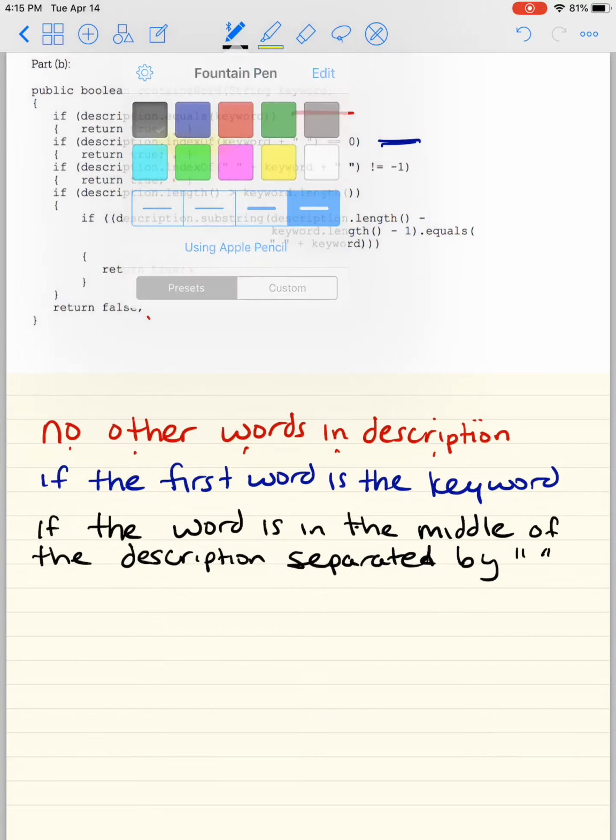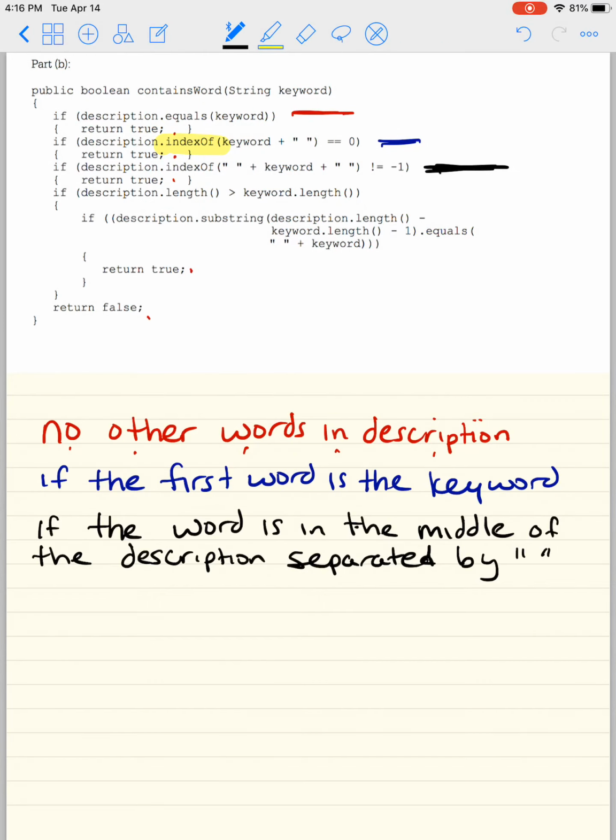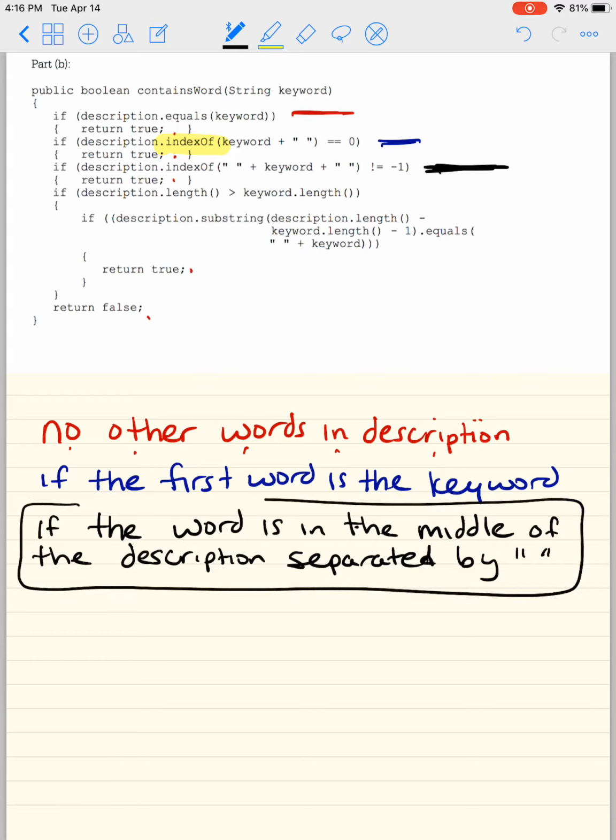Now this part here, let's read what I wrote down here. It says if the word is in the middle of the description separated by these quotation marks. Remember, if it does equal -1, that means they can't find the word.